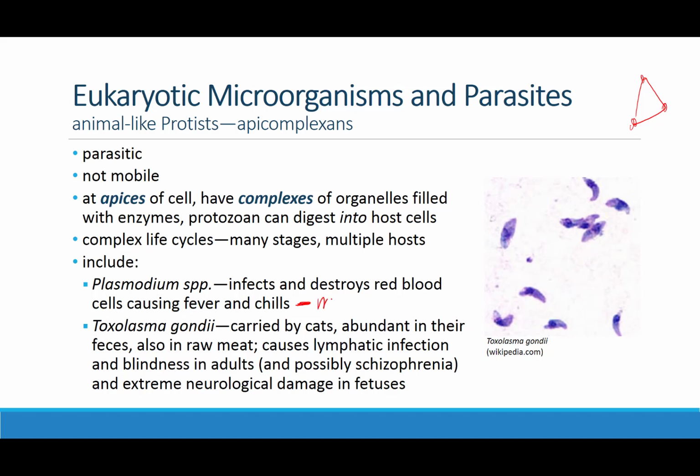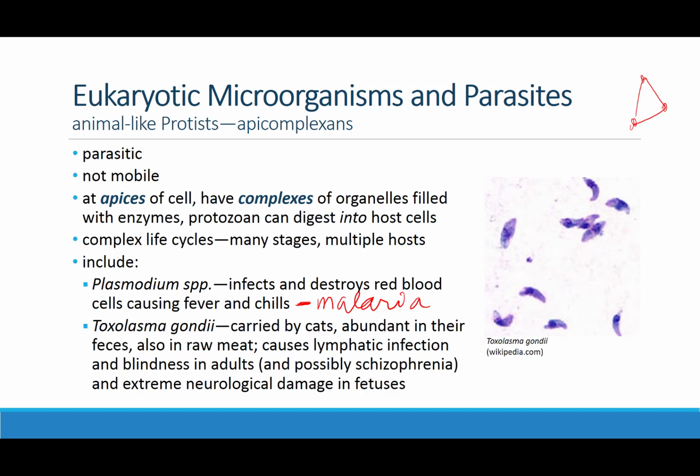So Plasmodium causes the disease malaria. Using their apicomplexes, they will dissolve their way into a red blood cell, and inside the red blood cell they reproduce. They're safe from our white blood cells that would be trying to track them down because they're inside a human cell, so they're kind of disguised in there. Then they all come bursting out of the red blood cells, generally all at the same time.